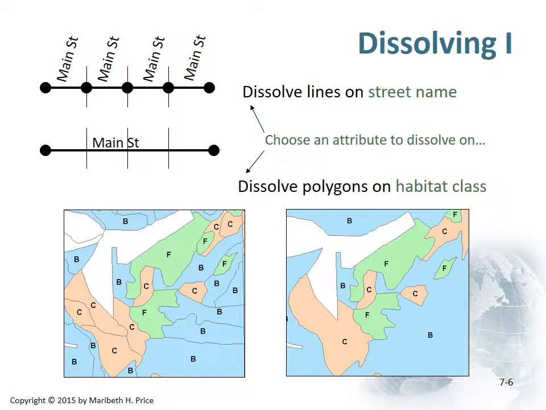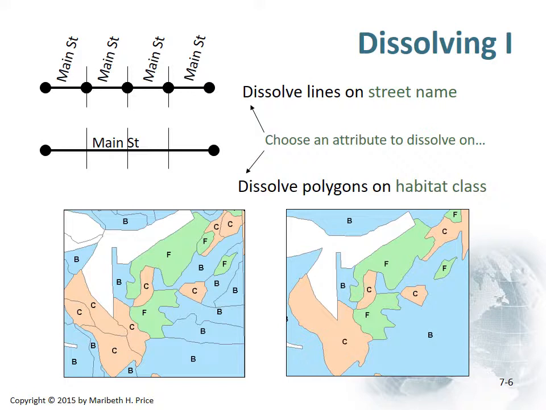Below, if we look at dissolving polygons, in this case polygons that are describing habitat class. So we have all these different letters denoting different types of habitat. But we see that there's a number of them that are the same habitat class, but they are adjacent to each other and they share boundaries.